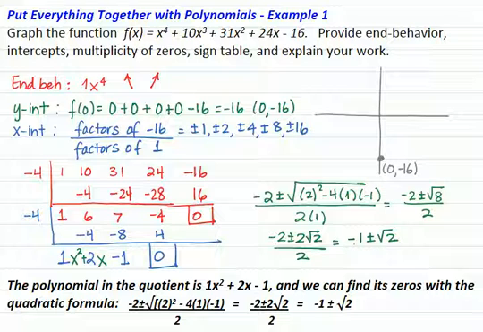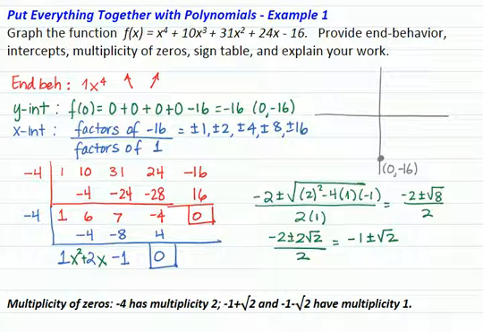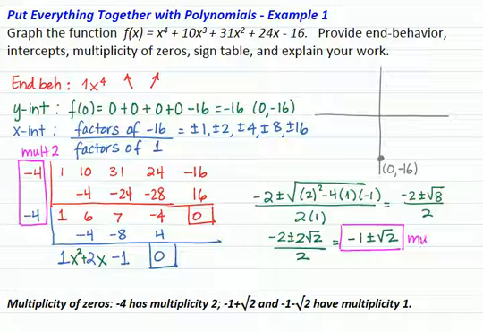So these are the other zeros. So negative 4 is a zero that has multiplicity 2. And negative 1 plus or minus square root of 2 have multiplicity equal to 1.